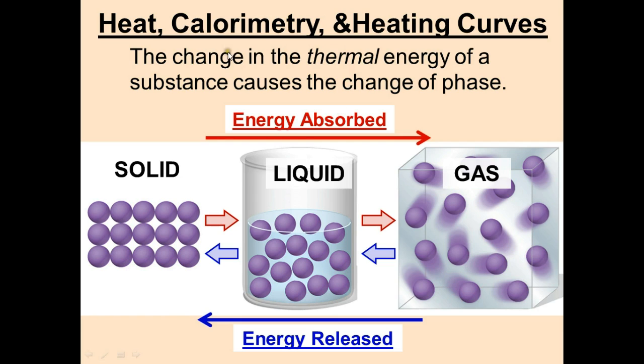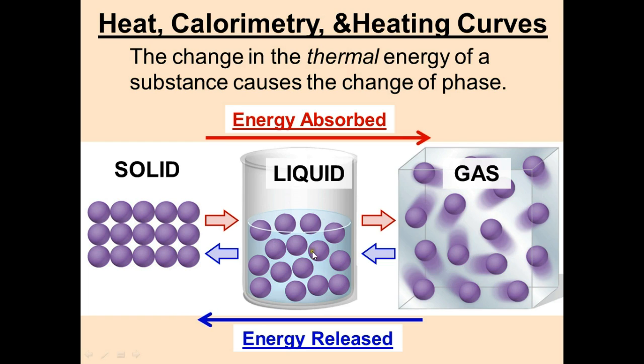So this is sort of like a refresher because I'm sure most of you know this, that change in thermal energy of a substance causes the change of phase. And so we have the three phases, solid, liquid, and gas. We can always add in heat and if we add in heat, the particles have more energy, so they'll have a little bit more space and they'll flow around.